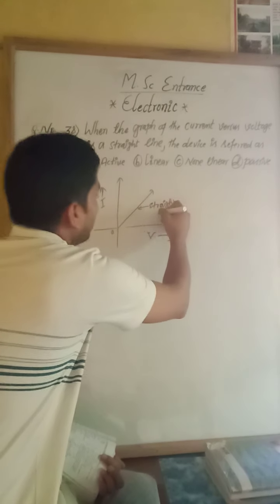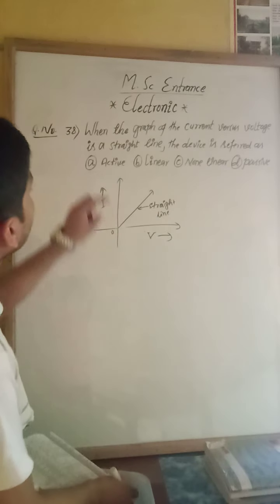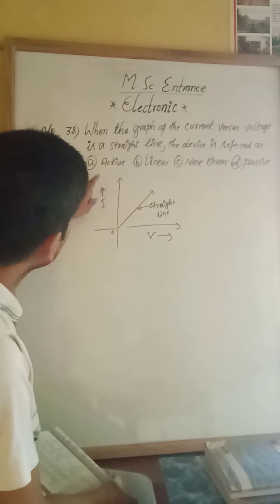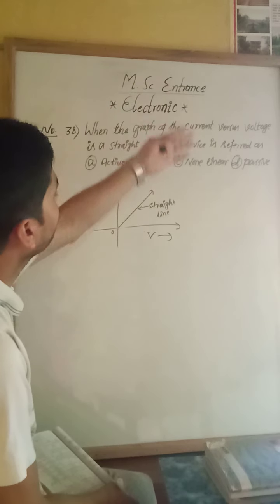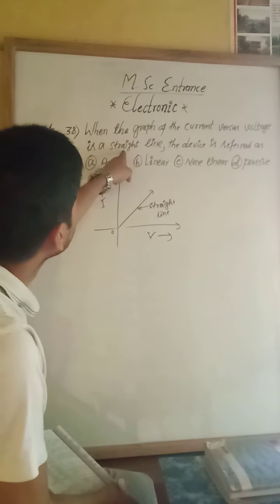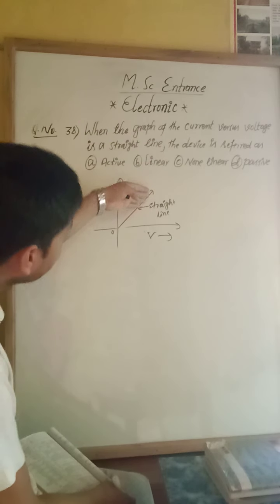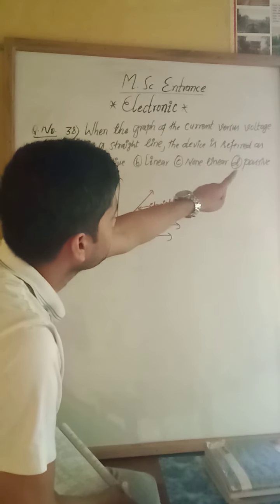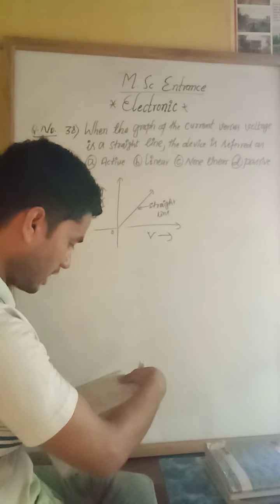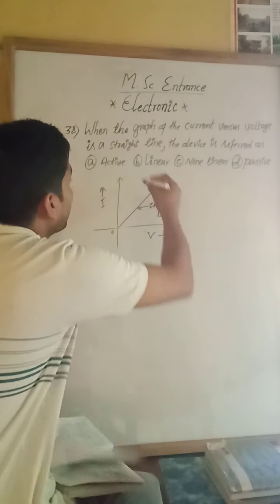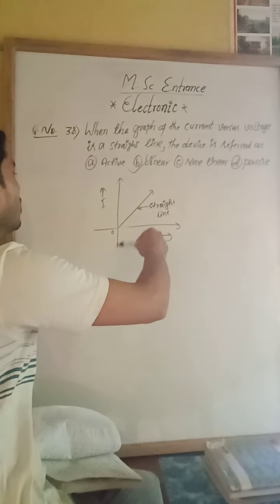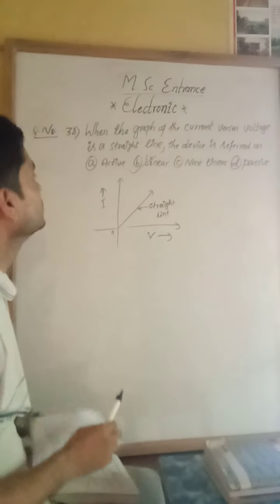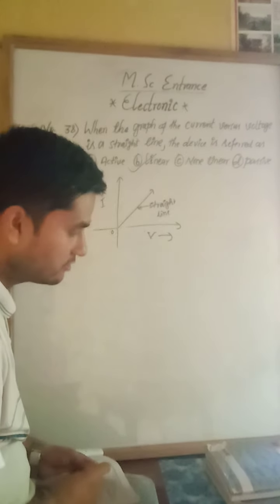If we plot a graph between current and voltage and obtain a straight line which passes through the origin, which device does it represent? Active, linear, non-linear, or passive? The right answer is option B, linear. A linear device gives a straight line which passes through the origin. Please keep this in mind for your entrance exam.